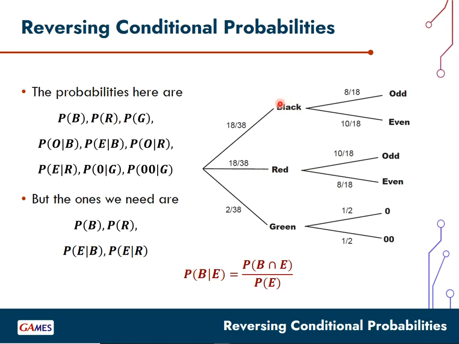We are going to be using P of B, P of R, P of E given B, and P of E given R, because we are just dealing with the events black and even. The reason why R shows up is because the second even here is conditioned on R. And since we're considering the event even, we need to consider all the places where even occurred.